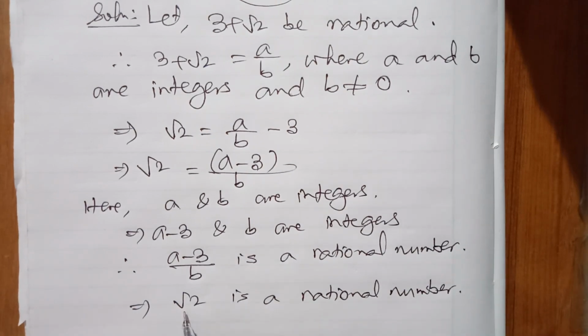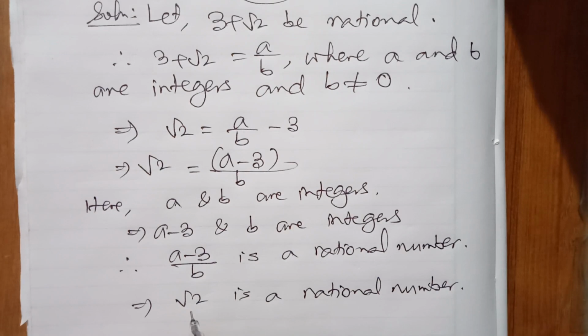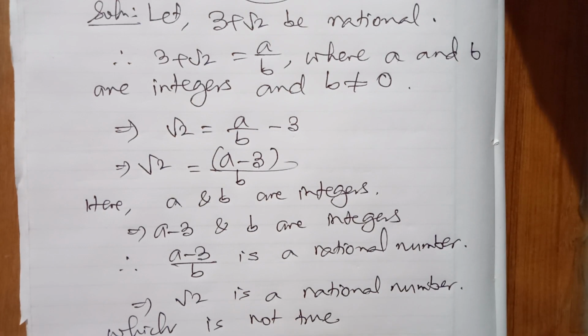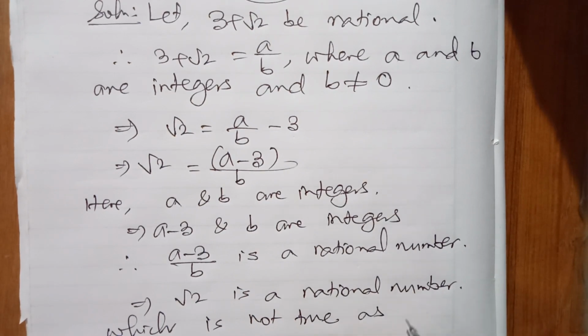But is it true? No, we know that root 2 is an irrational number, but here it is coming as a rational number. So here is one impossible statement I am getting, which is not true, as root 2 is an irrational number.